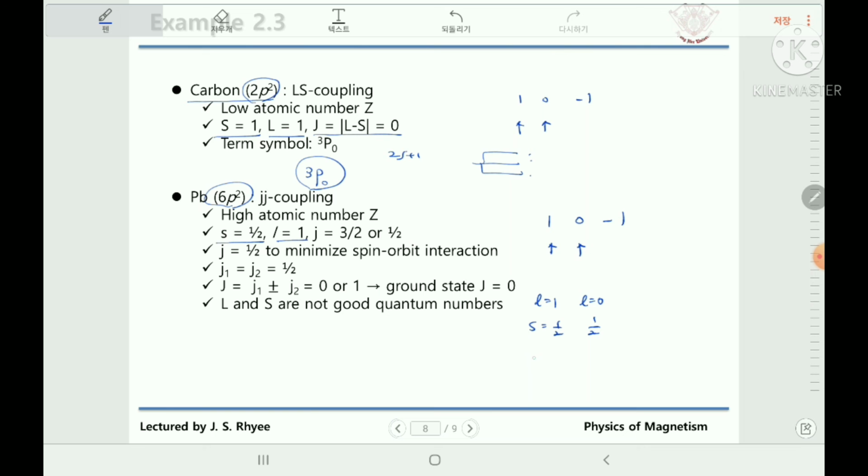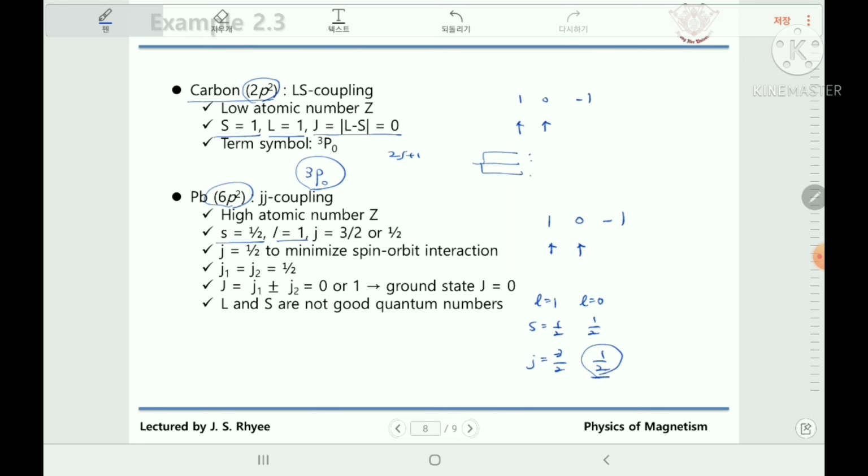Therefore, here J is 3/2, and in the other case 1/2. There are two J values. Therefore, in this case, the total J prefers to be low, to minimize the spin-orbit interaction.